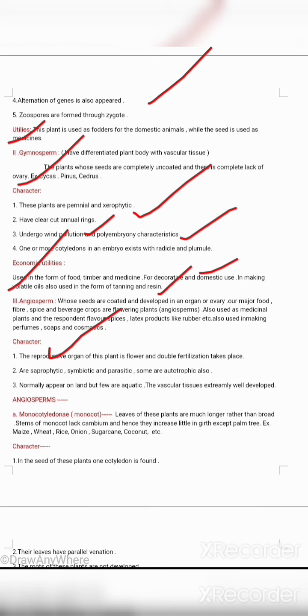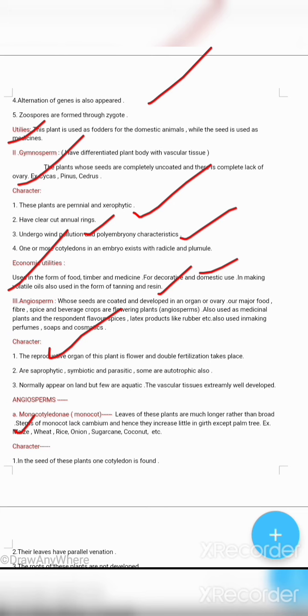Angiosperms. Number A. Monocotyledons or monocots. Leaves of these plants are much longer rather than broad. Stems of monocots lack cambium, and hence they increase little in girth except the palm tree.